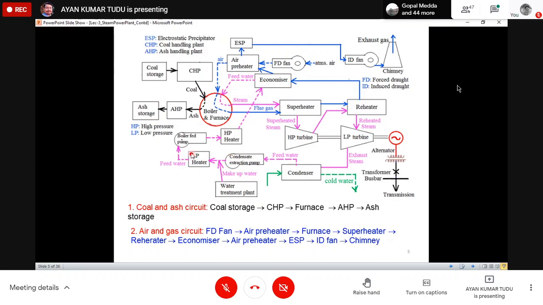The feed water goes into the boiler after passing through the economizer, where its temperature is increased again, nearly as high as the temperature inside the boiler.